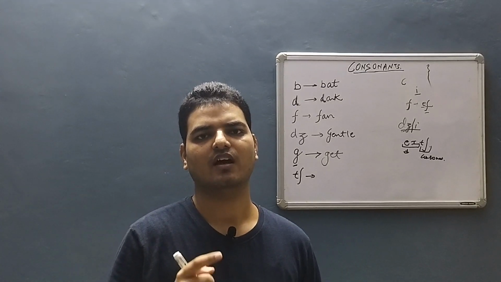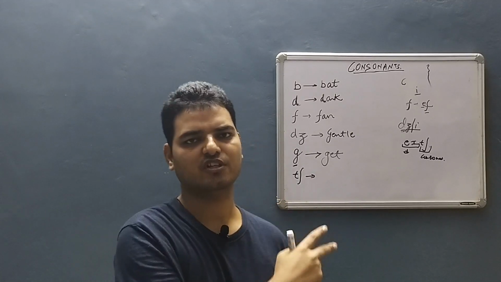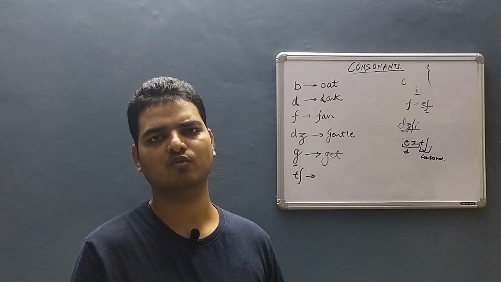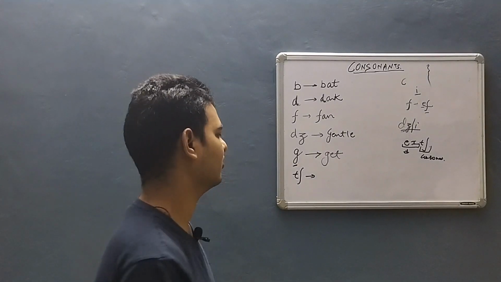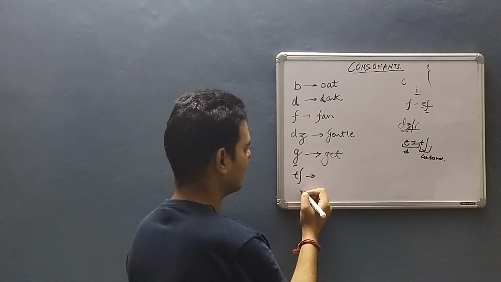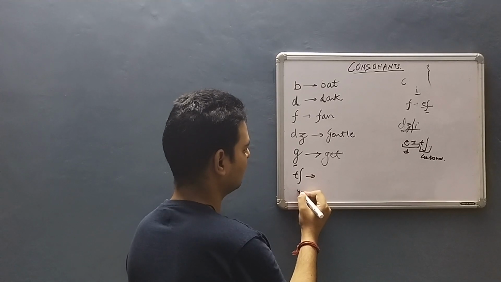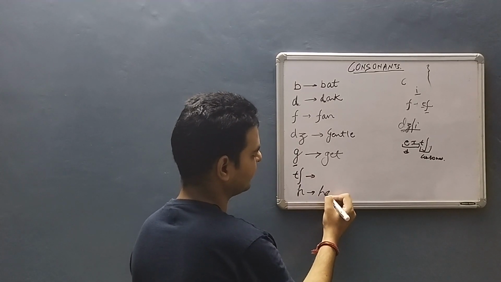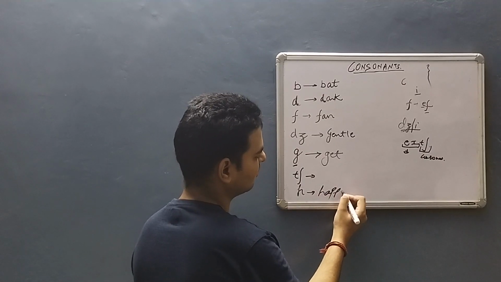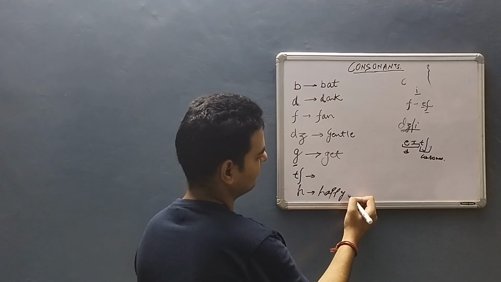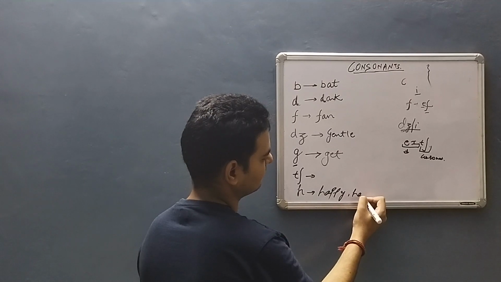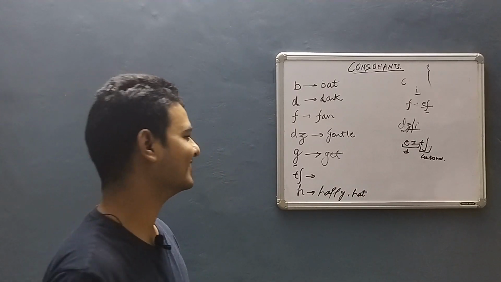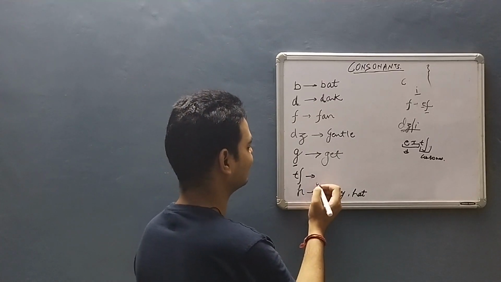So it is the Ch sound we learn from H, as well as the H sound. Let's write this as well. H sound, like happy or hat. Sorry for my writing, it's not too good, so I think you will understand.